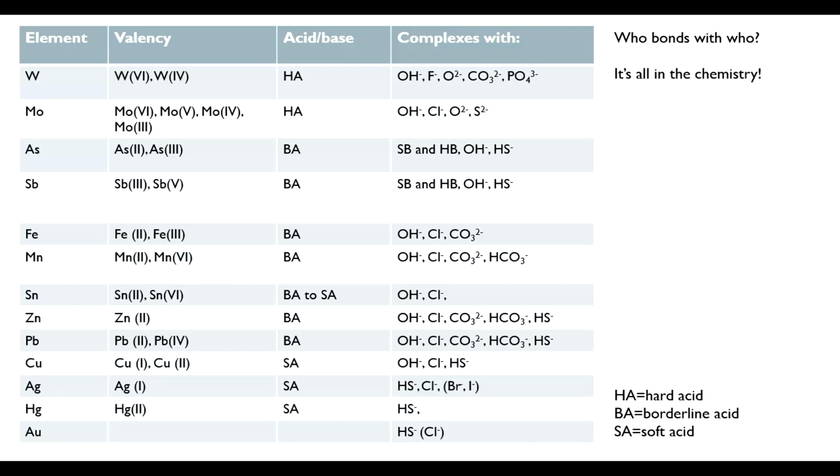It's okay that you don't memorize them all. It's just to start to realize that it's a dynamic system, and so we're interested in both ends of the spectrum. One, we need a fluid which has the right ligands to transport certain metals. That's good to start with, but we also need a scenario where there's a change in that system so the metals are lost from the hydrothermal fluid.